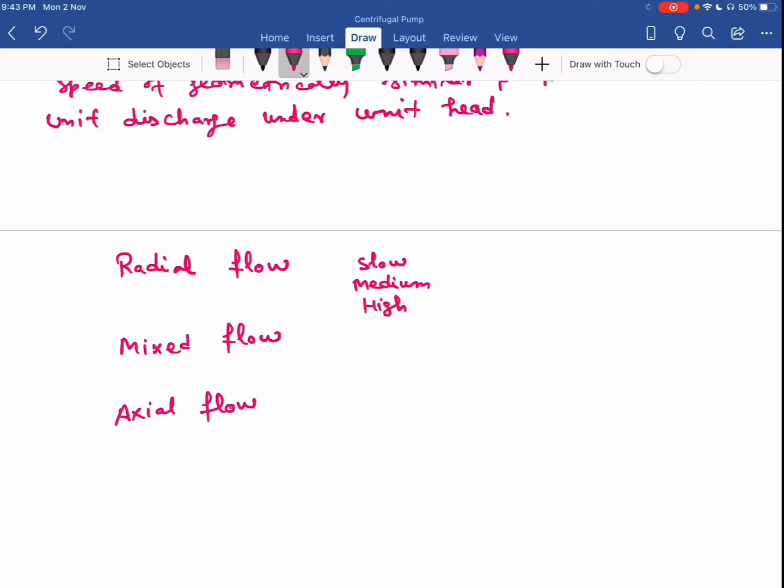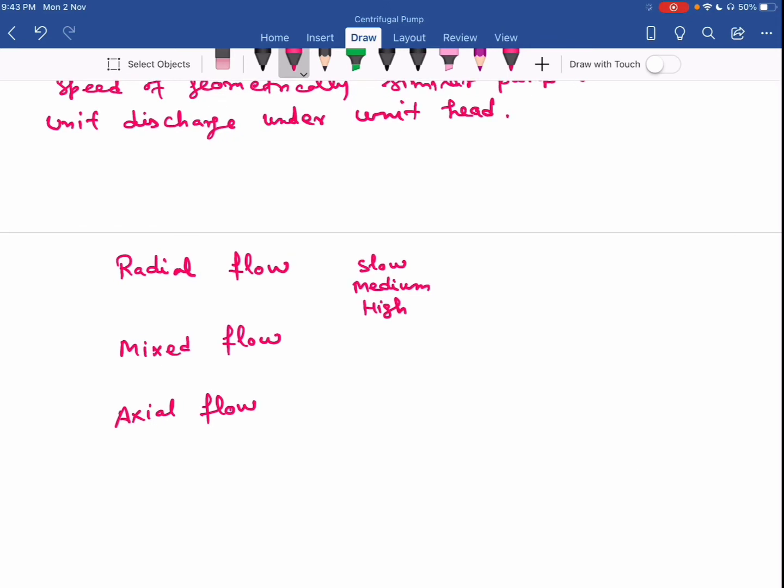For slow the specific speed is 10 to 25, for medium 25 to 45, for high 45 to 70, for mixed flow 70 to 135, and for axial flow 100 to 425.